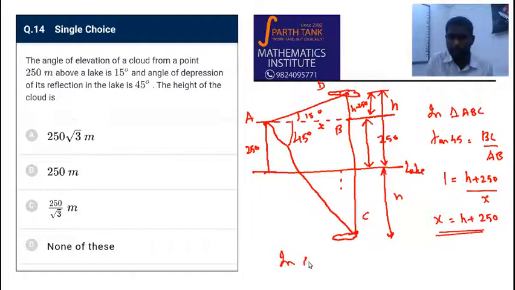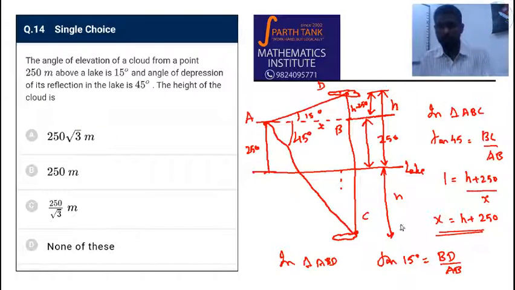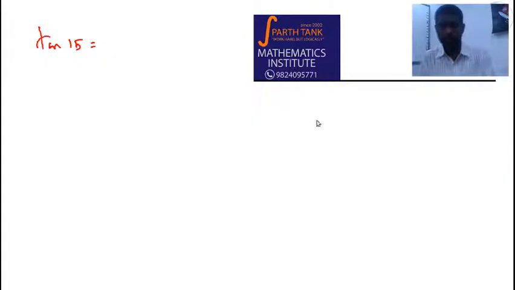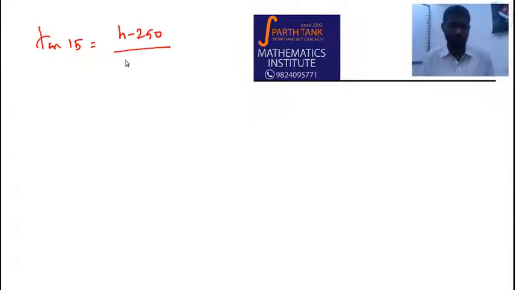Now in triangle ABD, tan 15 degrees is BD by AB. BD we know is h minus 250 by AB is x, and x we have found as h plus 250. So basically it is h minus 250 by h plus 250, equal to tan 15. Okay, how to find tan 15?